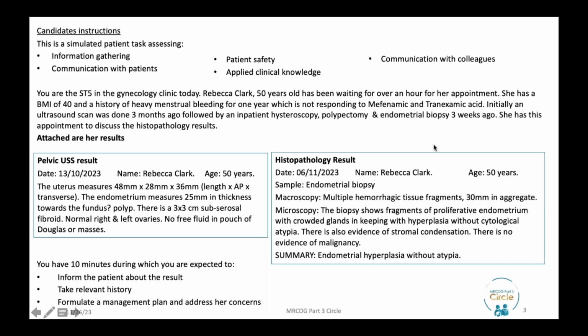So all of that, I did it in the introduction part, just to create a rapport with her, and check that we're on the same page moving forward. And then I gave her an outline of what we're going to discuss. I included a leaflet and writing back to the GP, because if you leave it until the end, you cannot guarantee that you would run out of time or not.